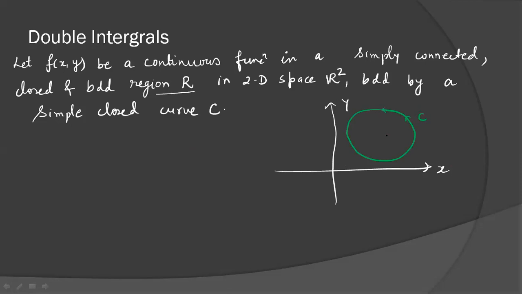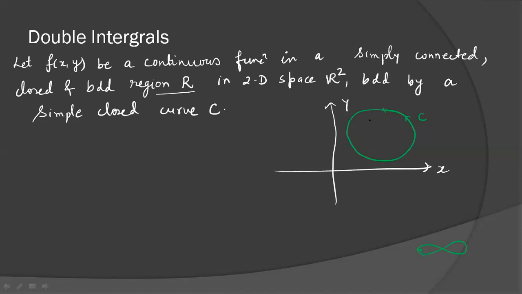When the initial and final points of a curve are the same, then the curve is called a closed curve. Simple means it is not intersecting itself. This is closed but not simple, because if we start, we can go this way and reach this point again, so it is a closed curve but not a simple curve. So I'm taking a closed curve, meaning the initial and final points are the same and it is not intersecting itself. We will see these definitions in detail in the complex analysis module.